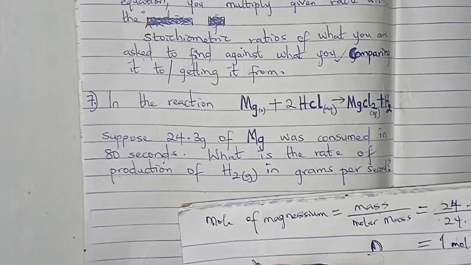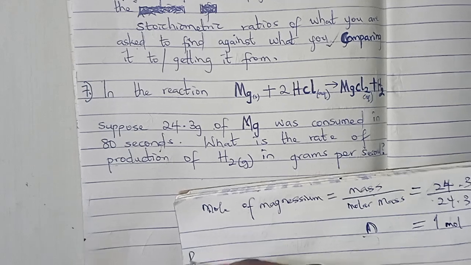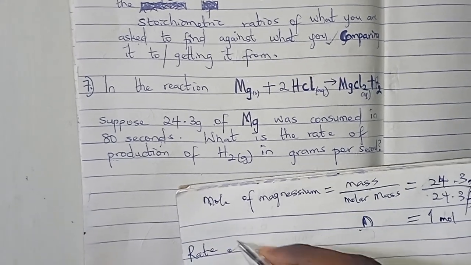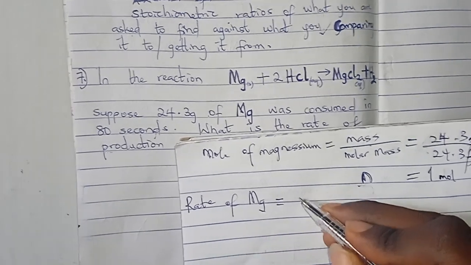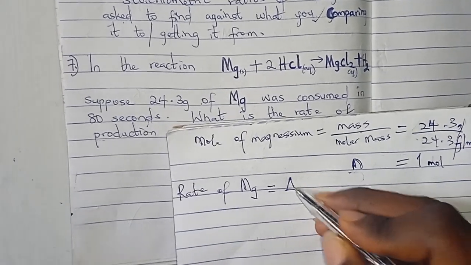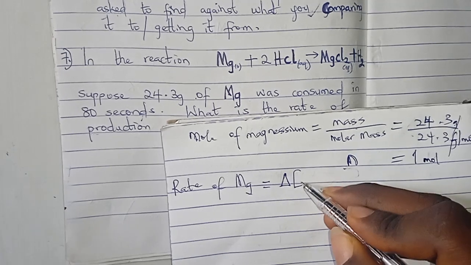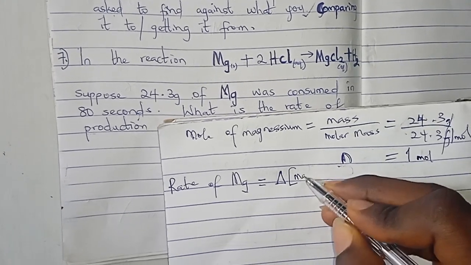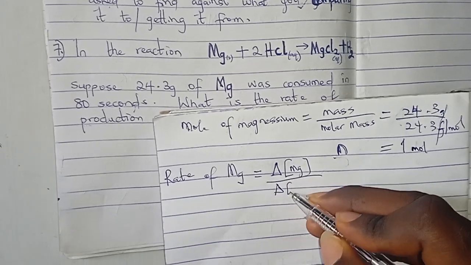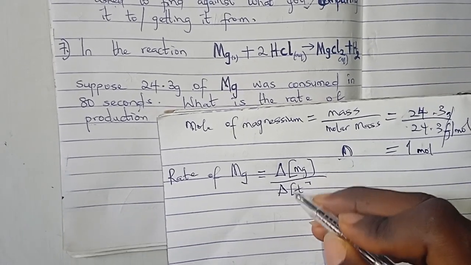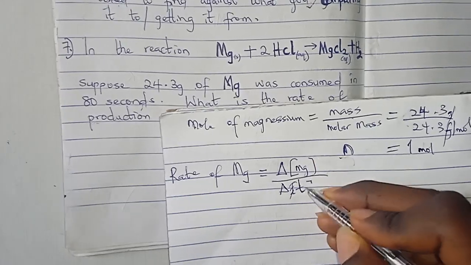So I will simply do the rate of magnesium. The rate of consumption of magnesium will be equal to change in concentration of magnesium all over change in time. I'm not putting concentration, this is for concentration. Change in time.